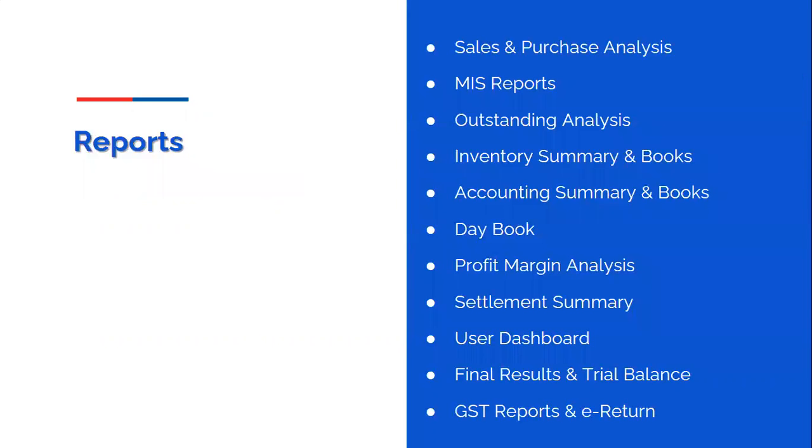After that, there are thousands of reports available in Busy. A few important reports I have noted here, that is the sale purchase analysis report. In that you can analyze the things about your sales and purchase. MIS report, cash flow, fund flow, budget variance, profitability, you can check.